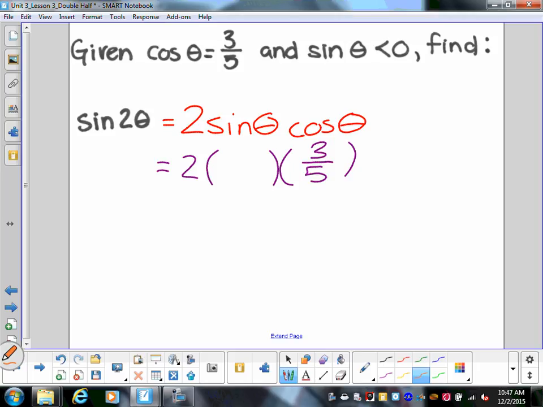So I have cosine. Cosine is x over r in our standard position angles in the coordinate plane. Sine is y over r. So we know that the denominator of sine is going to be 5 because it's the same as this.